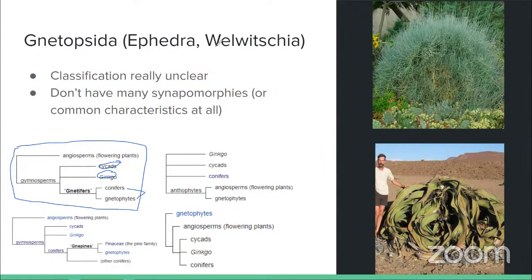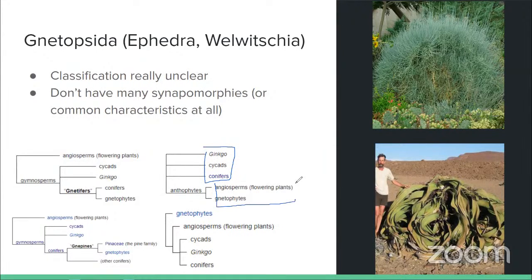But we've had a lot of other hypotheses that are pretty different from this. They used to think that the ginkgo, the cycads, and the conifers all split off separately from the angiosperms and the gnetophytes. So in this configuration, the gnetophytes weren't part of our gymnosperms at all in a phylogenetic sense.